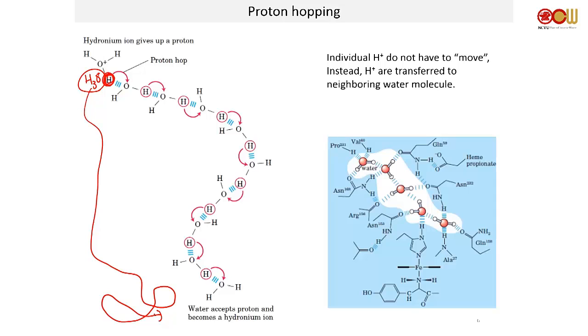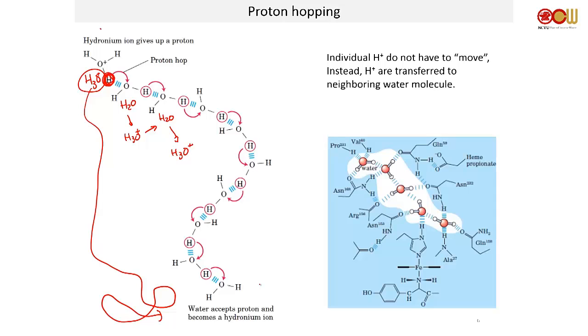All you've got to do is this proton can go from H3O to this H2O. You turn this guy into H3O, and then this H2O passes it on. You turn it into H3O, and so on and so forth. So the proton can actually hop between water molecules. So with this ability, you can very quickly pass your protons from location 1 to location 2.